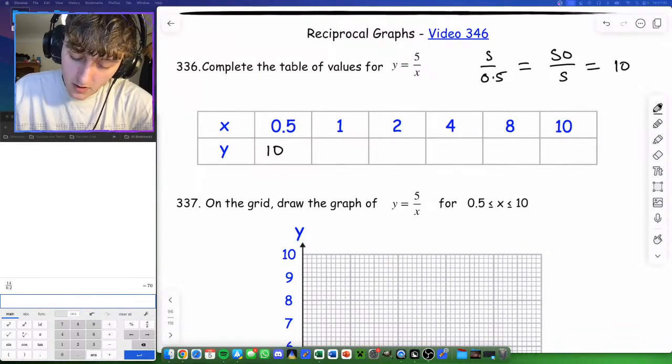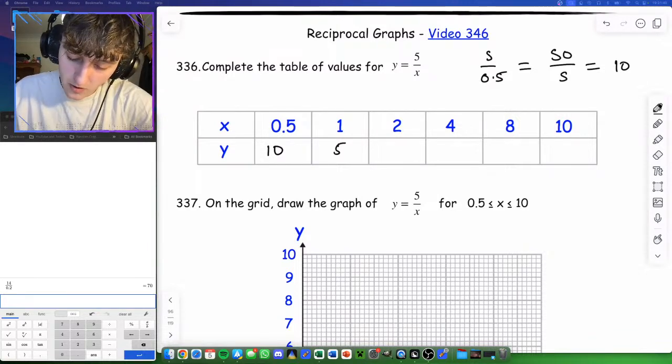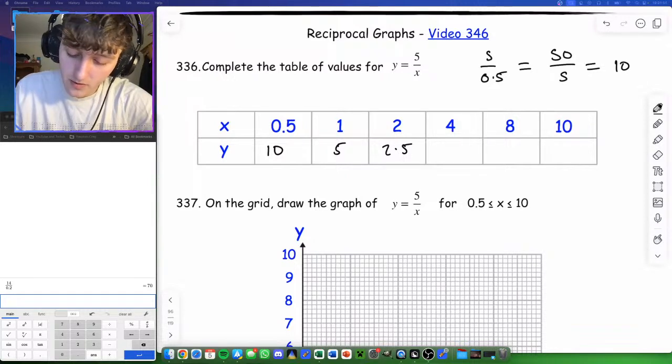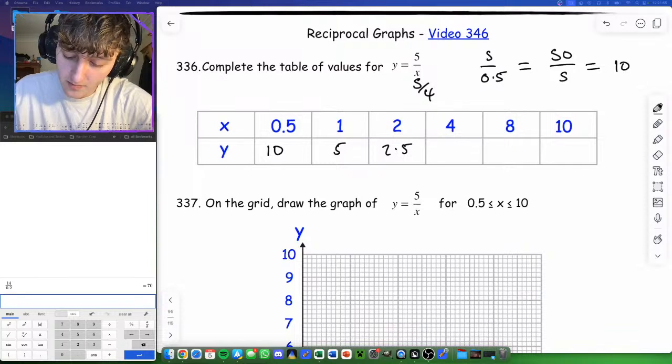Then 5 divided by 1 is just 5 even. 5 divided by 2 is 2.5. 5 divided by 4, 5 quarters is going to be 1.25, isn't it?